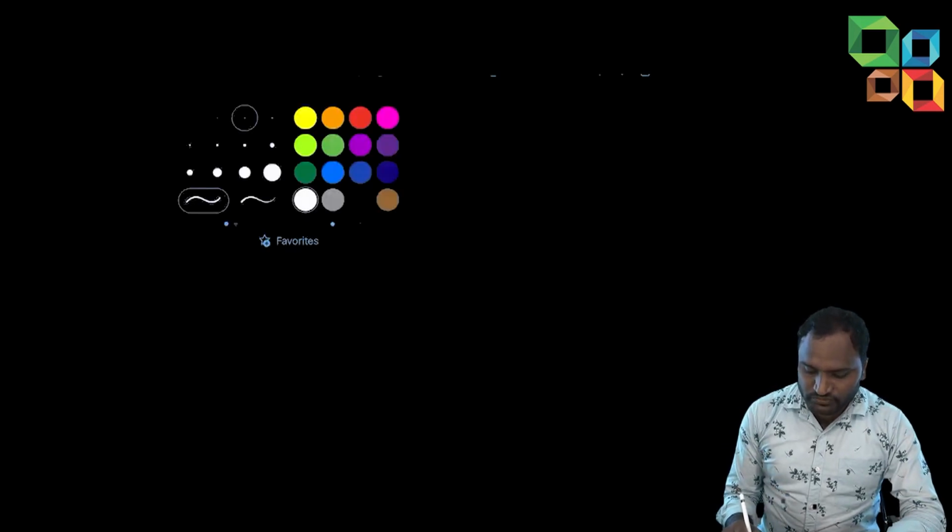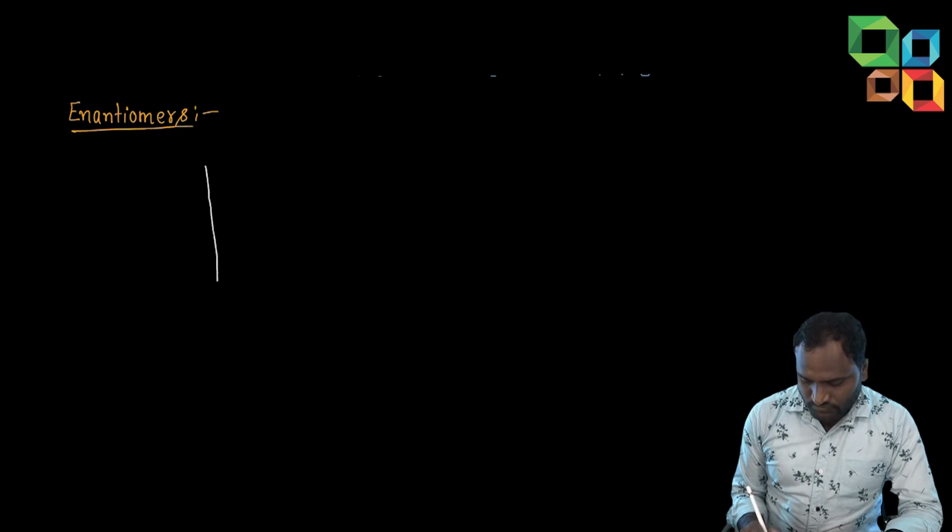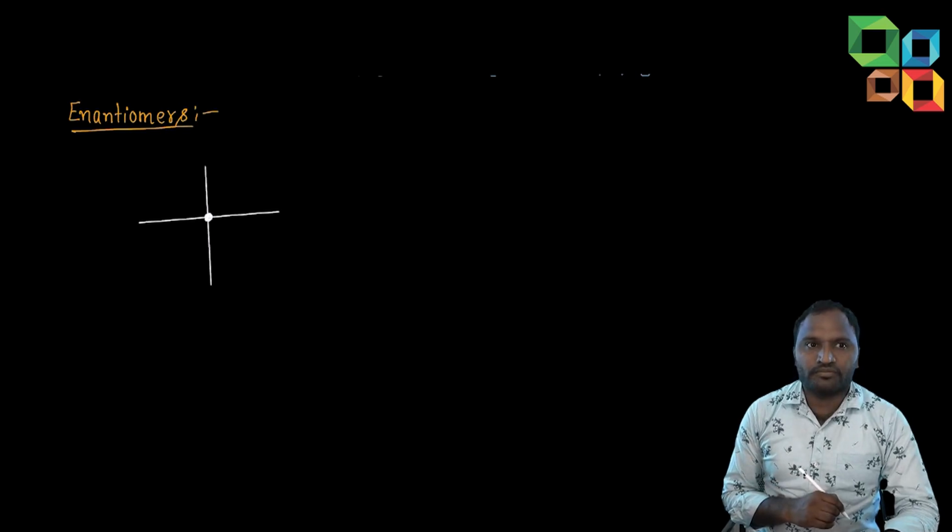Now, here I am going to introduce a few more words. Enantiomers. I am drawing like this, there is one carbon here, there is one carbon, that cross is there, and there one carbon is there.